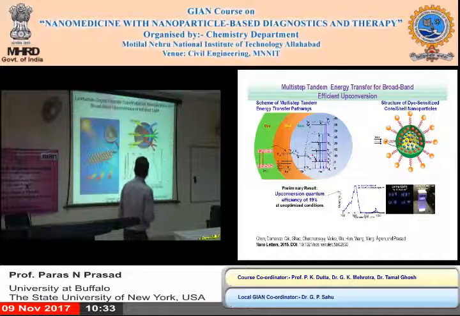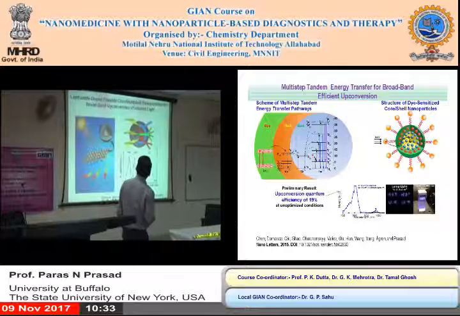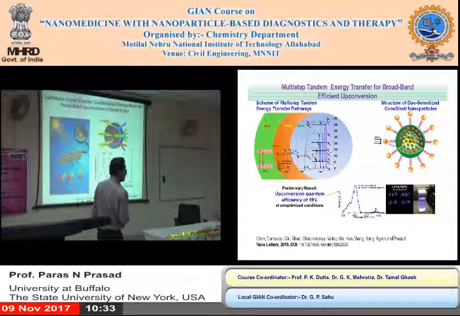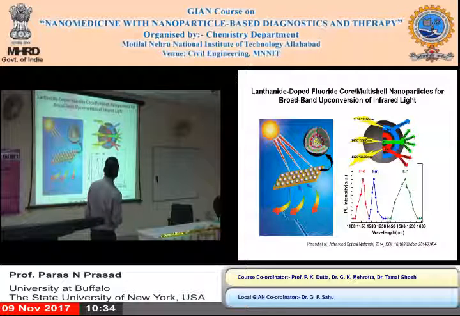So this is an example of core shell structure where each region up converts to a certain region. In the core we have erbium, and it takes light at 1500 nanometer and converts that into green or red color, or IR.